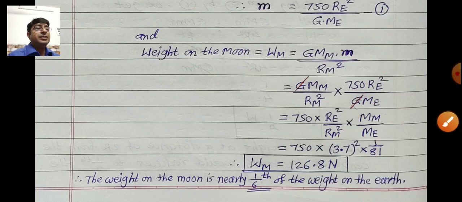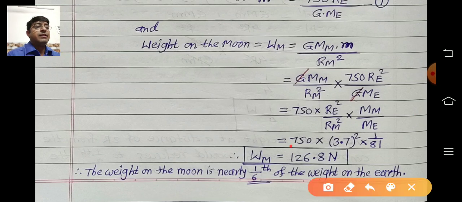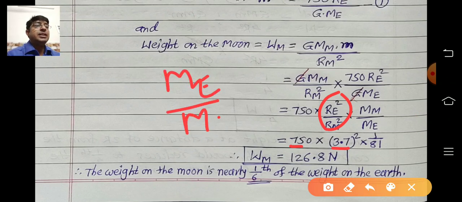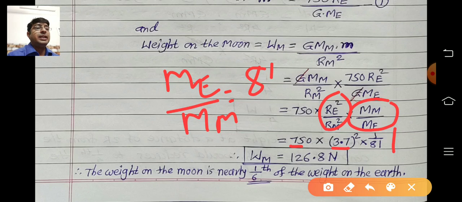Therefore substitute the values. See there, 750 multiplied by this ratio, 3.7 bracket square. Here ME upon Mm is given as 81, but it is in the exactly opposite manner, so we write 1 upon 81. After calculation we get the answer 126.8 Newton.